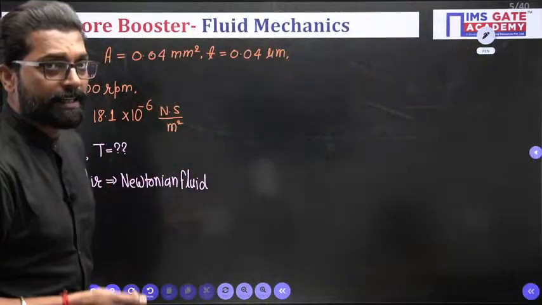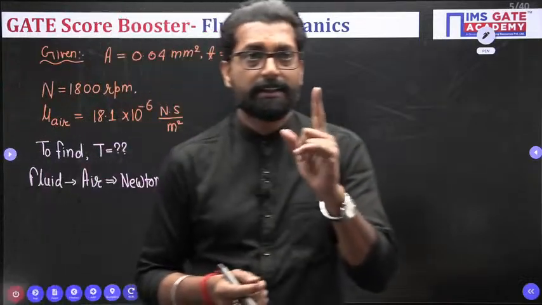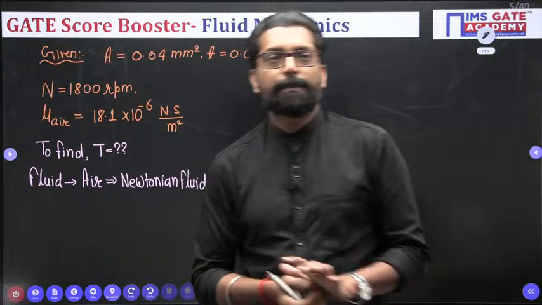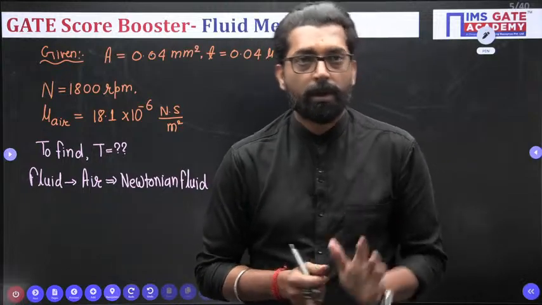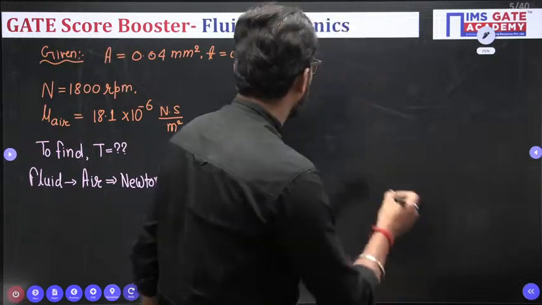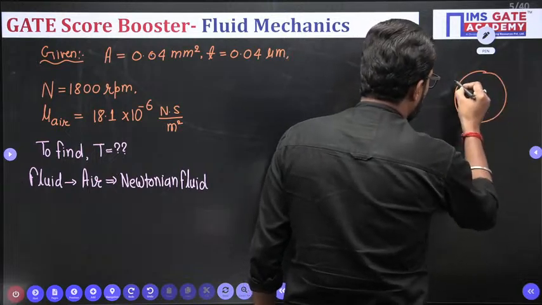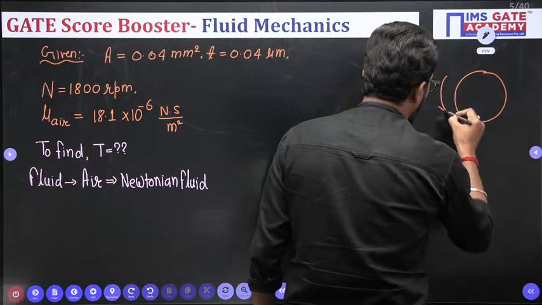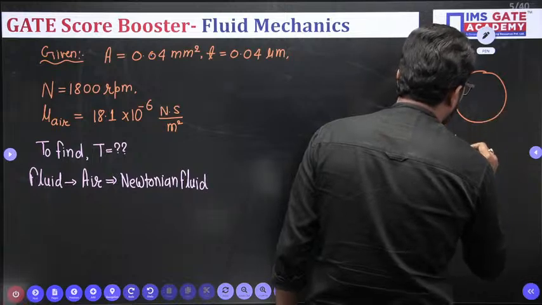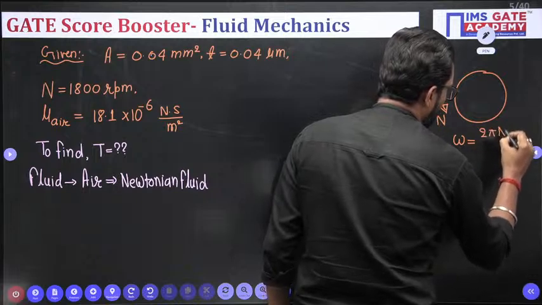So the disc is rotating and the RPM is given. From that RPM we can easily calculate the angular velocity, and once we have the angular velocity, we can find the tangential velocity. Let's suppose this is your disc, rotating at n RPM. From n RPM you can find omega, in radian per second: 2 pi n upon 60.